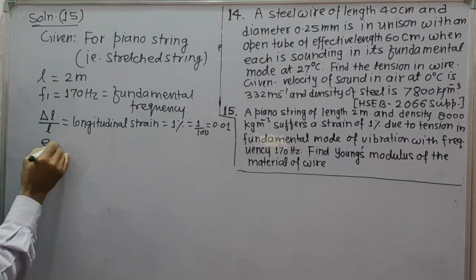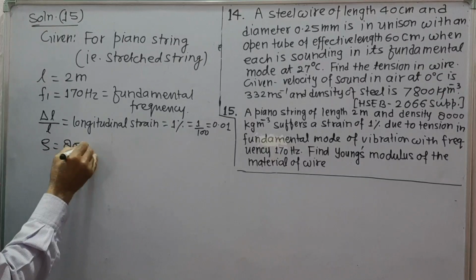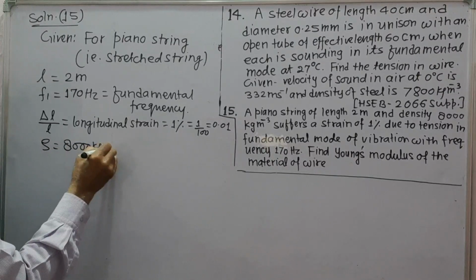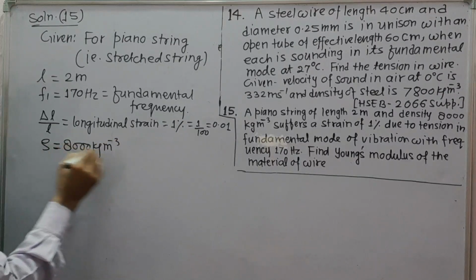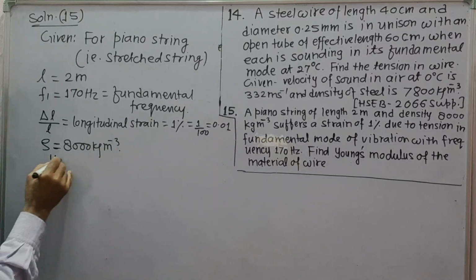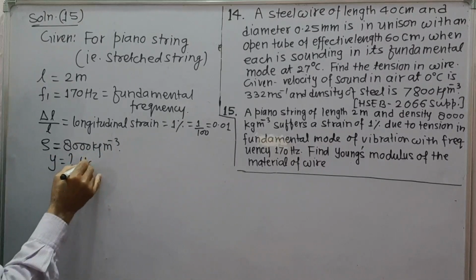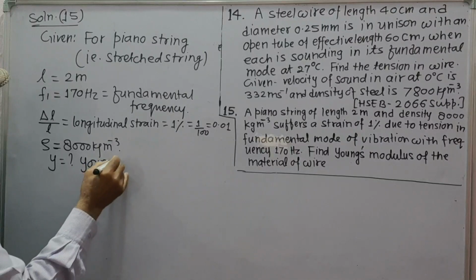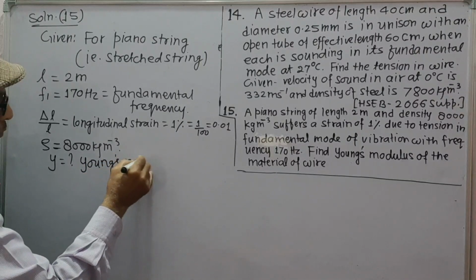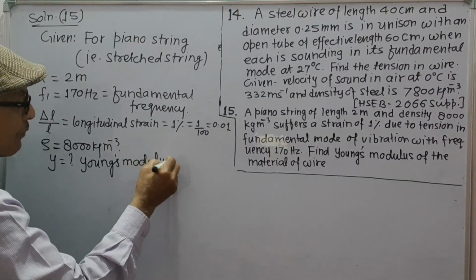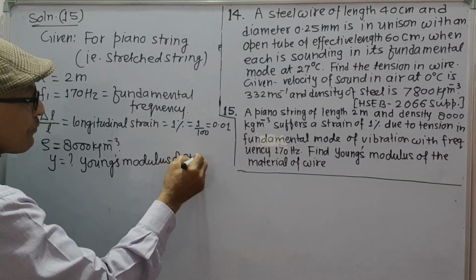Density is 8000 kg per meter cube. We have to find Young's modulus of steel.